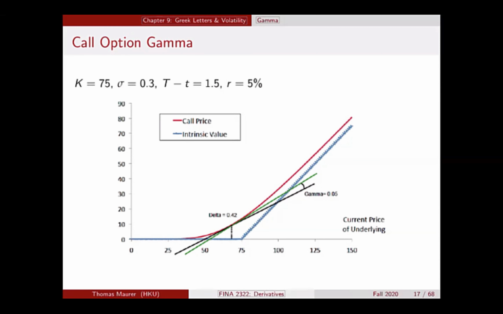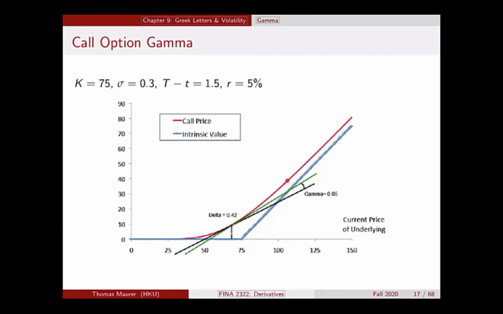However, if the price of the underlying increases a lot, let's say to $100, now the price of the call option increases quite a bit, while the value of that replicating portfolio of delta stocks and B bonds only increases from $10 to a smaller value of, let's say, about 20-something dollars, while the call option is in the mid $30s.